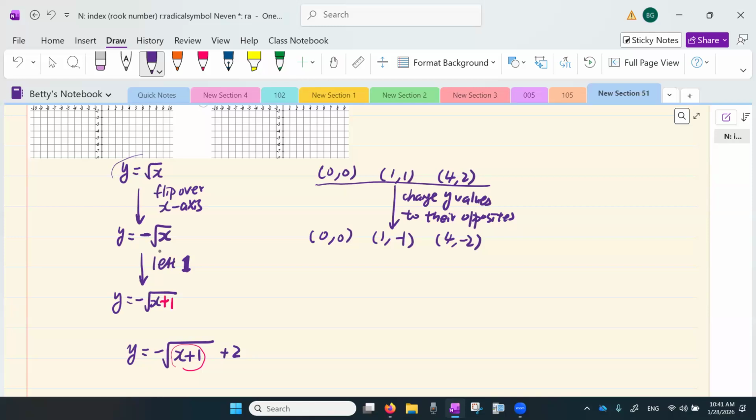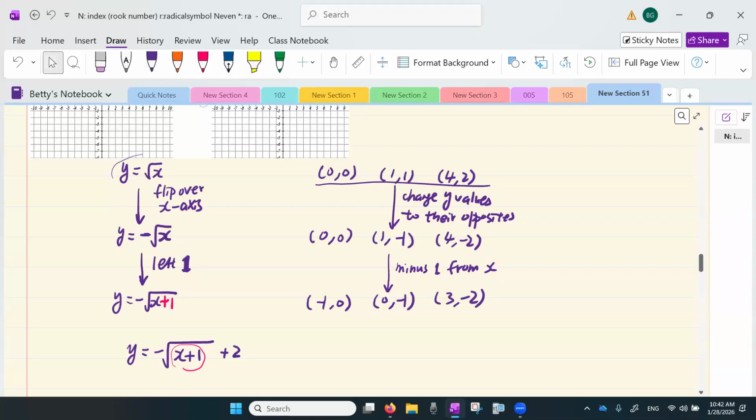If we add a 1 to x, that means shift to the left 1 unit. What are those points going to change? Those points shift to the left 1 unit, so their x will be 1 unit less. So we subtract 1 from x and keep y. 0 minus 1 is -1. 1 minus 1 is 0. 4 minus 1 is 3. Keep y, right?